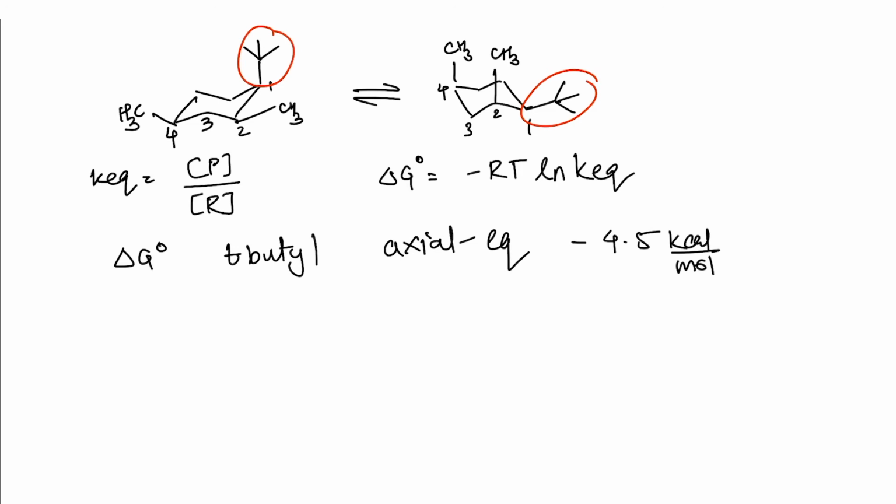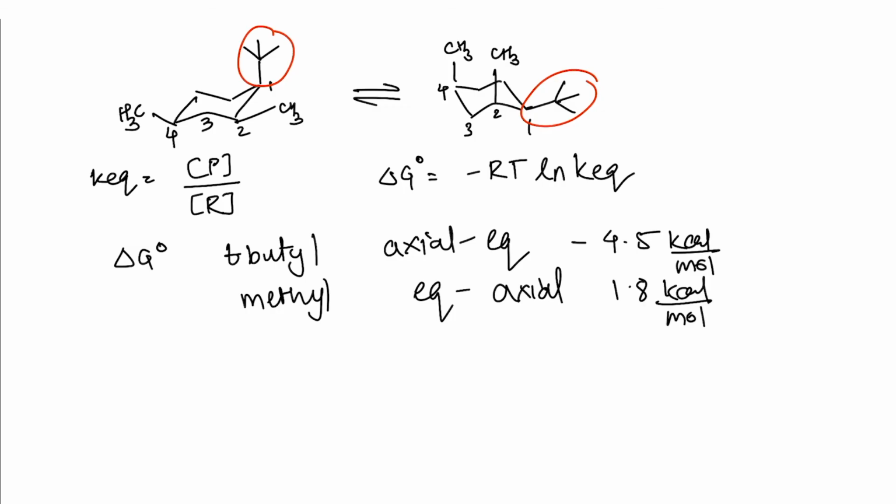But I also have a methyl that is going from equatorial to axial, and remember we said that when you have groups that are axial, they have these flagpole interactions. So, they are not favored. So, in this case this particular delta G0 is going to be positive, which is going to be 1.8 kilocalories per mole.